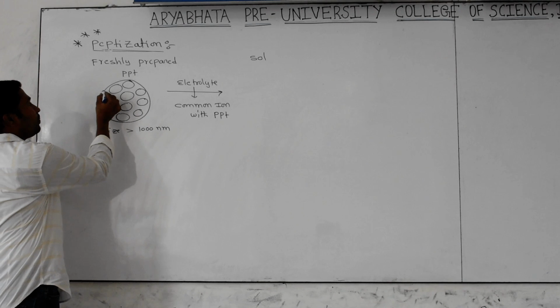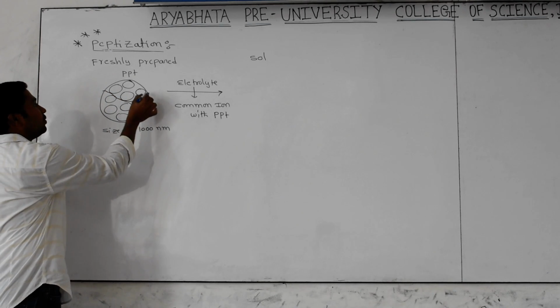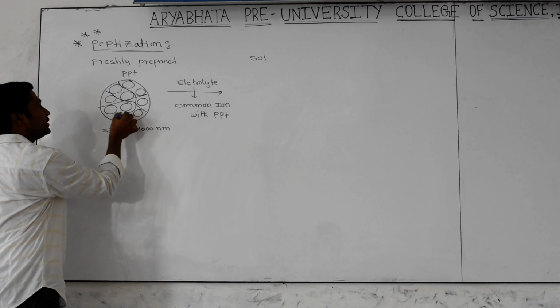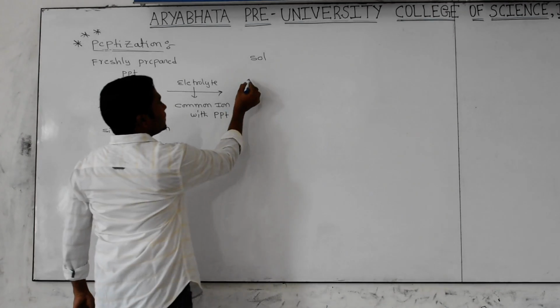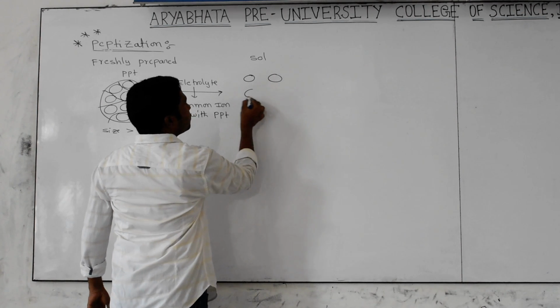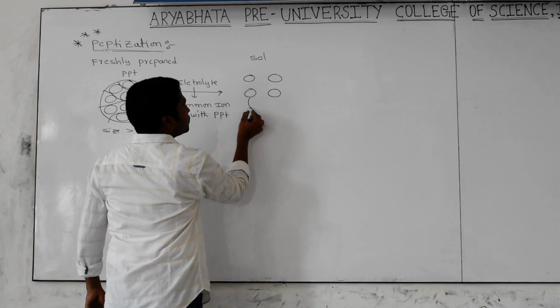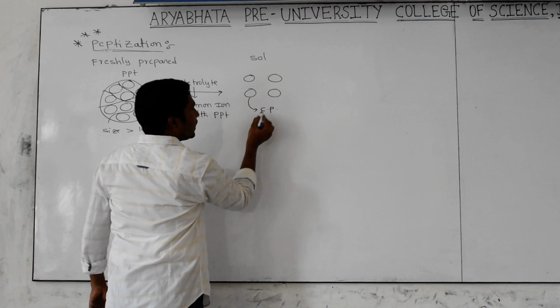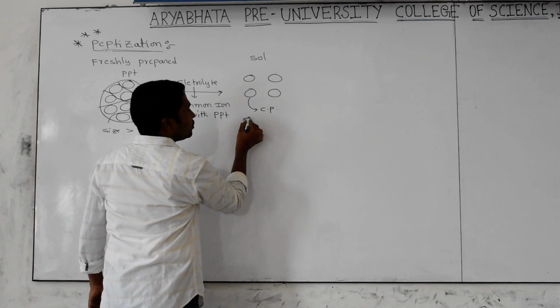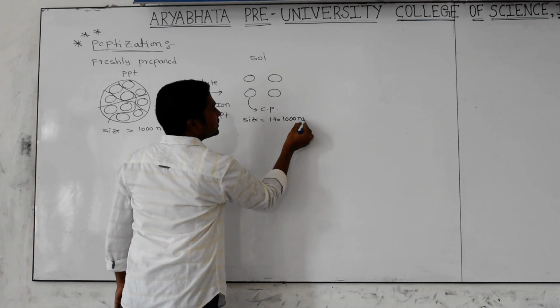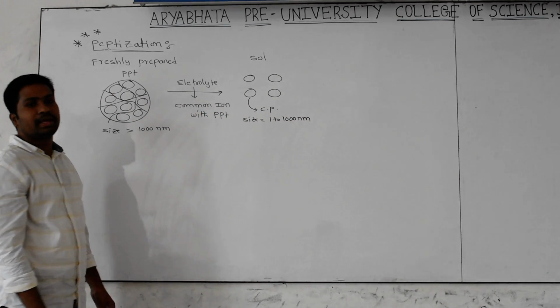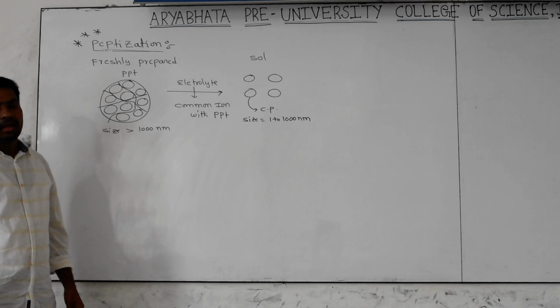Then the whole precipitate will break down into small pieces within the size of colloidal particles. Those particles we call colloidal particles. The size range is how much? 1 to 1000 nanometers.